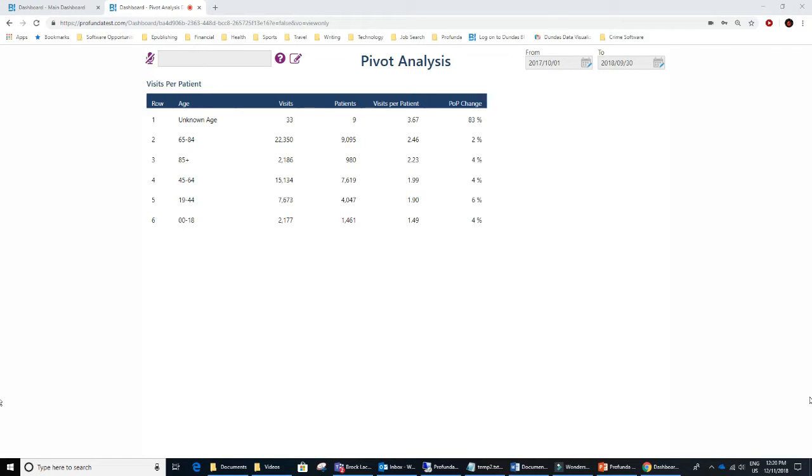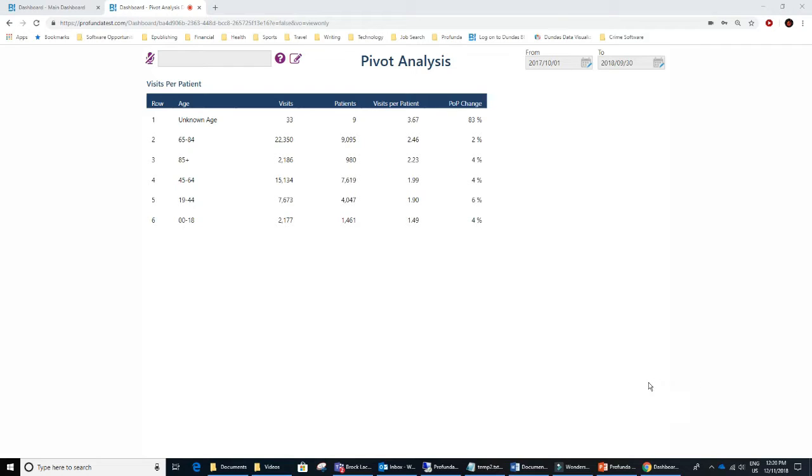Remember how one of the big differences between the two doctors was age? To see how much this impacts visits per patient, we simply change the pivot table to look at age groups instead of doctors. Right away, we can see that there is a strong correlation between age and visits per patient.